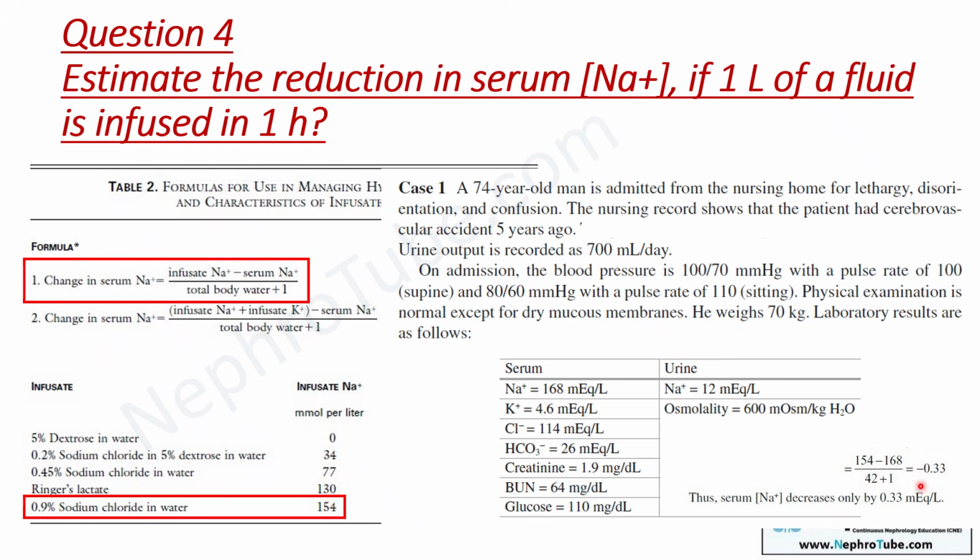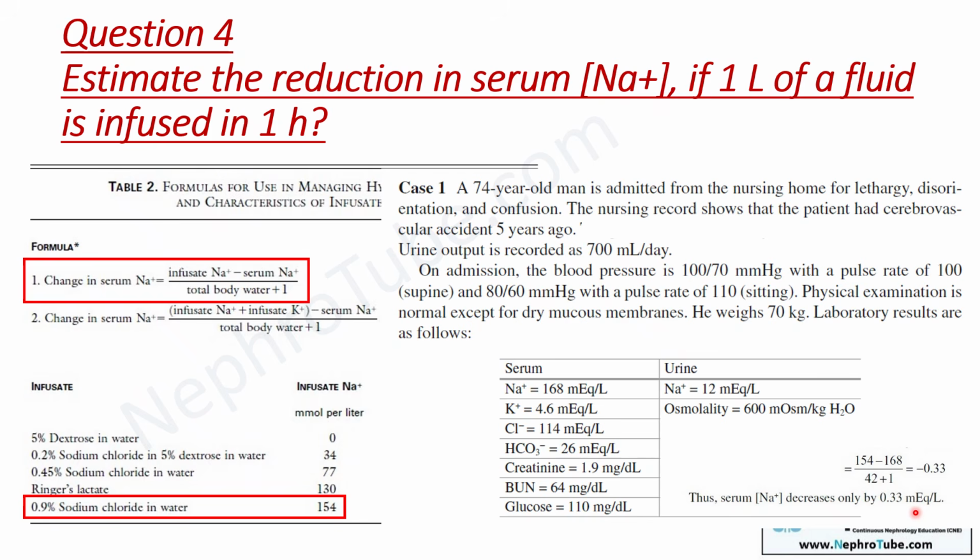The end result is minus 0.33. What does this number mean? This number means that for every 1 liter of sodium chloride that I infuse the patient with, his serum sodium will decrease by 0.33 milliequivalent per liter.